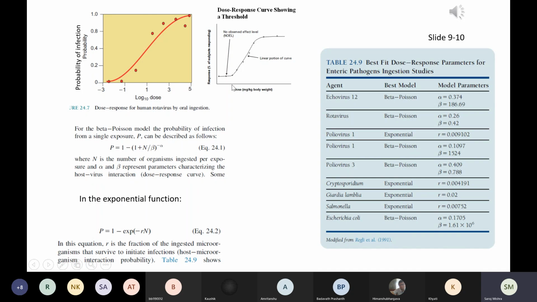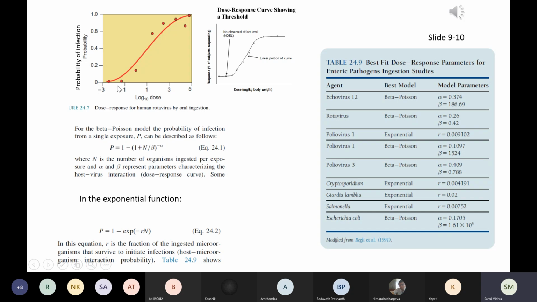So this could be 5 milligram, 10, 15, 20, 25, and 30. And this is the response. 100 people were taken and exposed to so many milligrams, and 20% of them developed a response at that dose. Such a dose response curve is generated for that particular contaminant.